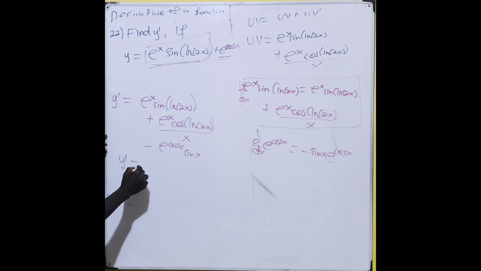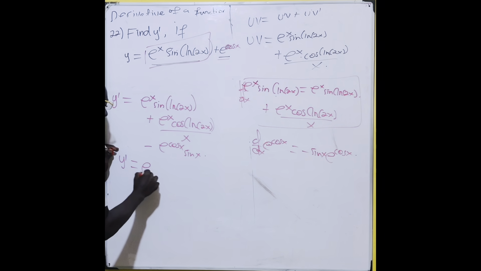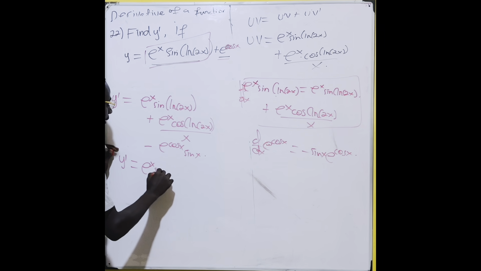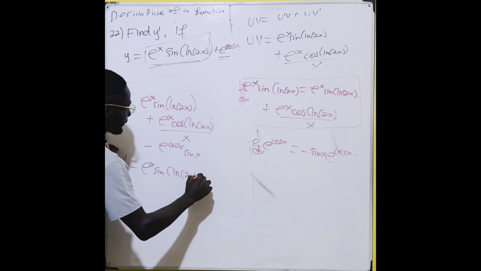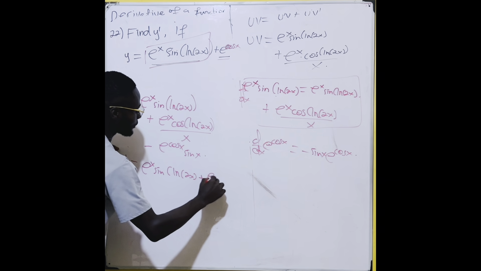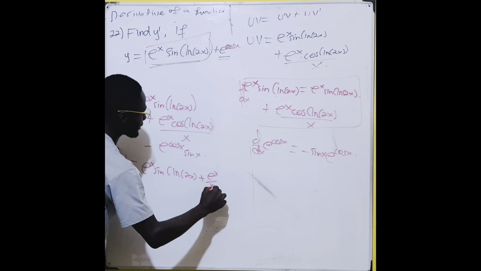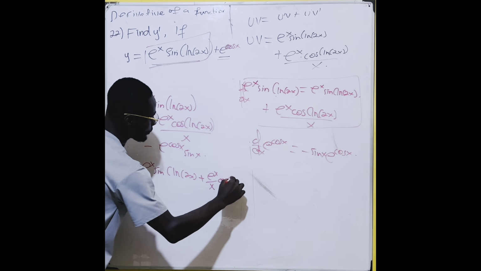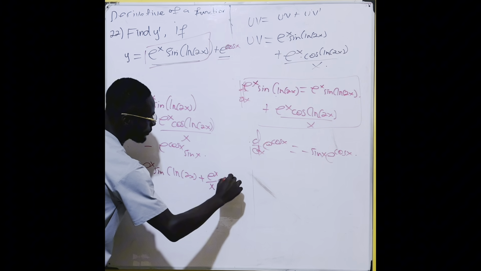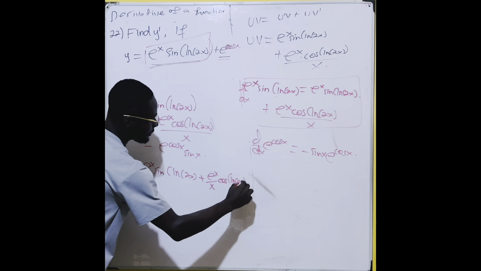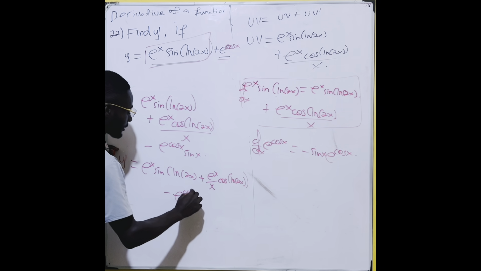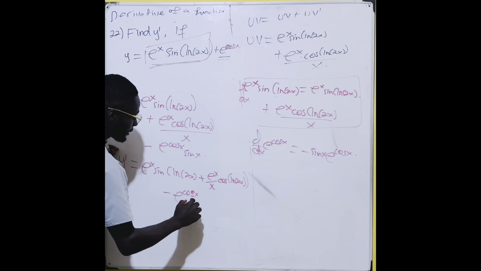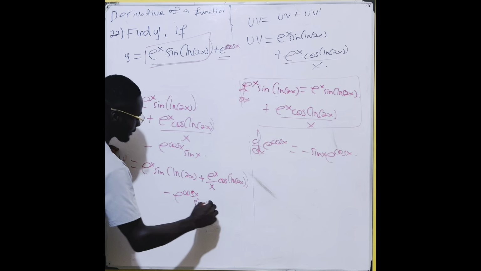Therefore, let me write it nicely: e to the x sine of ln 2x plus e to the x divided by x cos of ln 2x minus e to the cos x sine x.